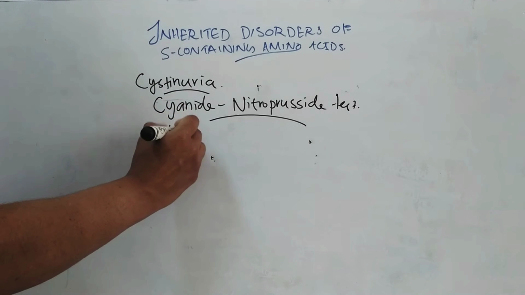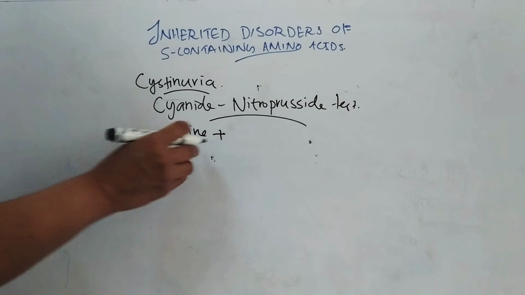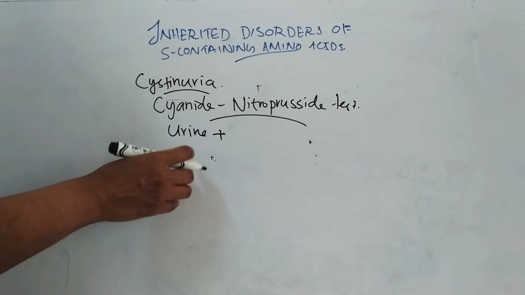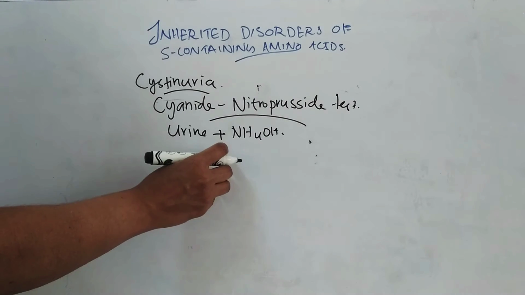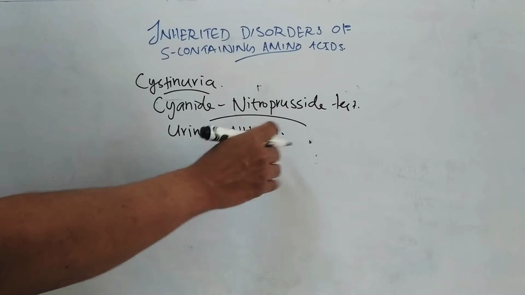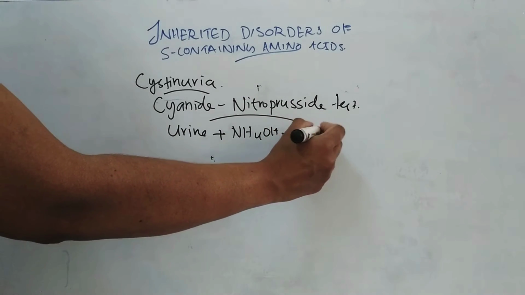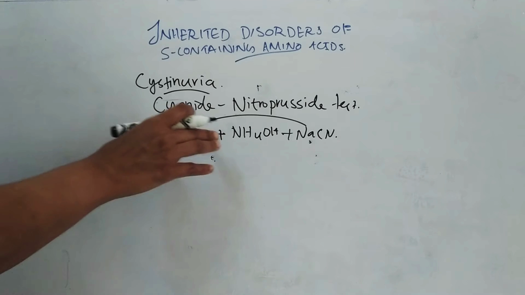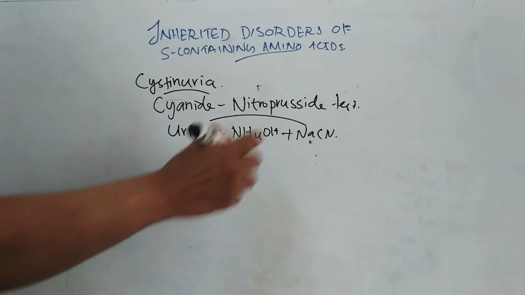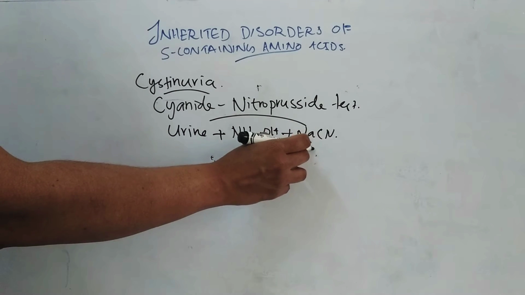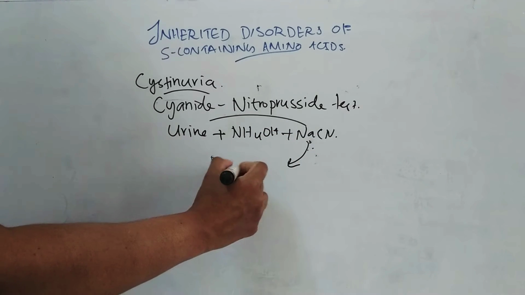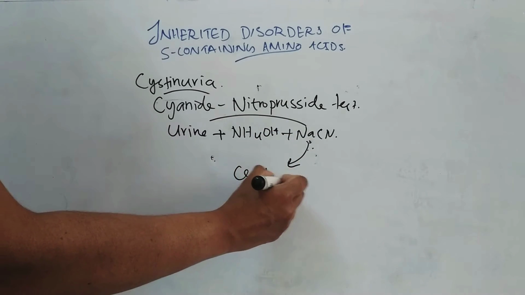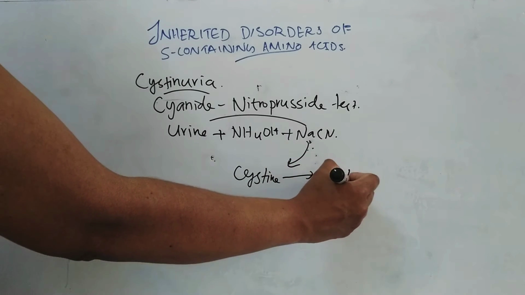Here, the urine sample is made alkaline with ammonium hydroxide, and then sodium cyanide is added and mixed. This sodium cyanide reduces cystine to cysteine.